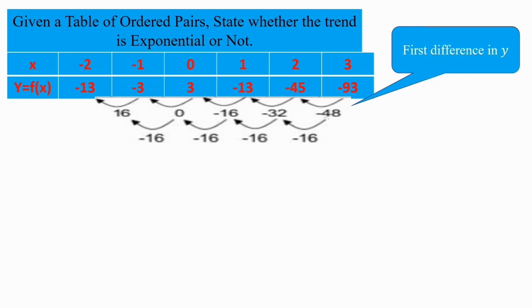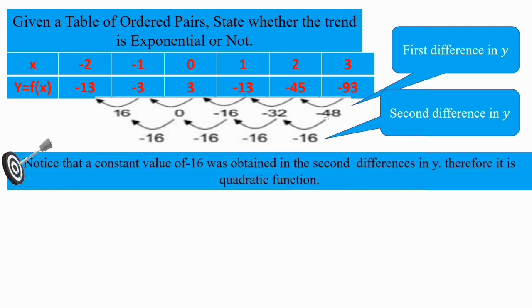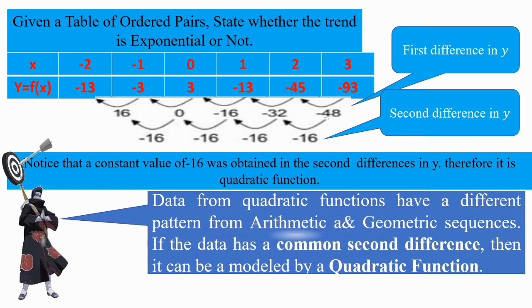So, ibig sabihin, pag dito natin nakuha sa second difference, exponential ba siya, class? No. If you notice that the constant value of negative 16 was obtained in the second differences in y, therefore, it is a quadratic function. So, it is a quadratic.